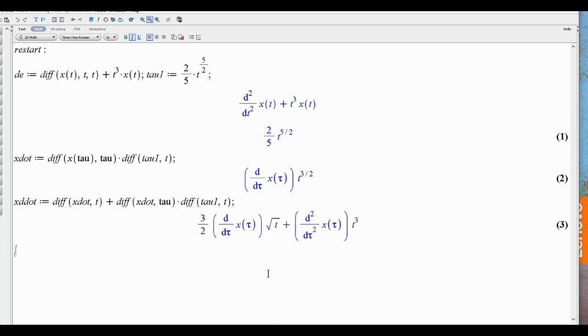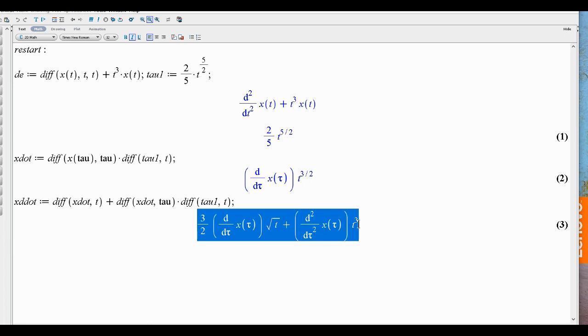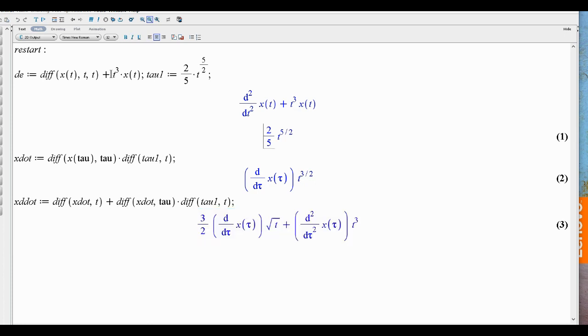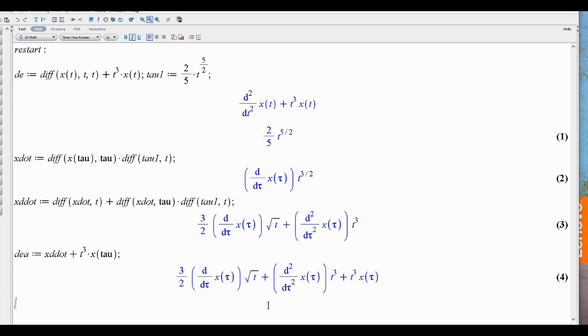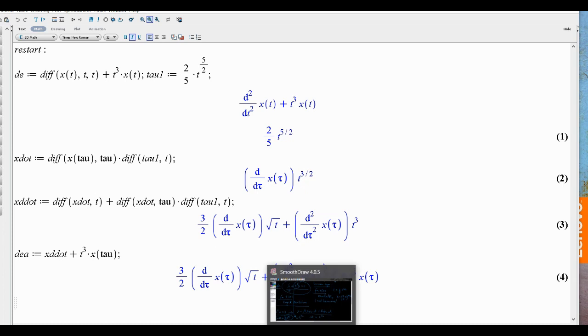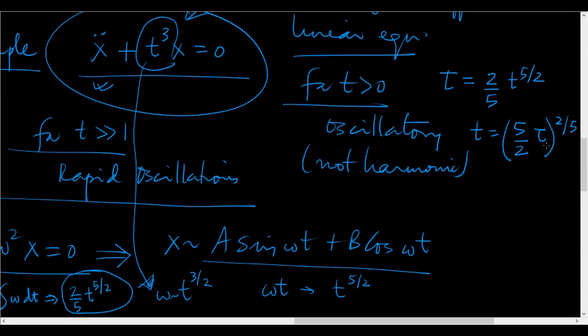Okay, so now that is x double dot, and then I have dEA is equal to x double dot plus t cube times x, only this x is now treated as a function of tau. Okay, so this is my differential equation. I still have to solve for t. How do I solve for t? I have t here. T is 5/2 tau to the power 2/5.